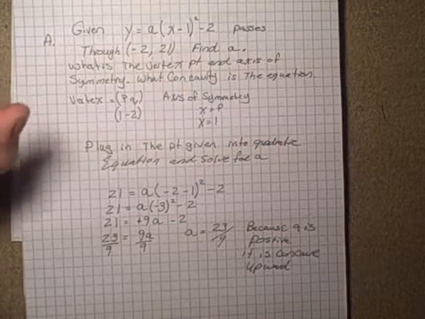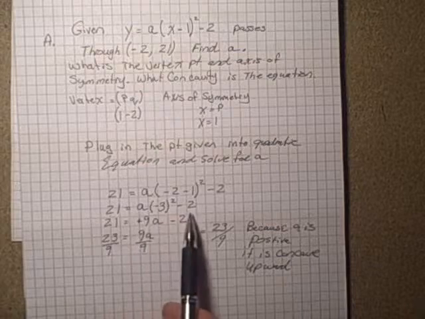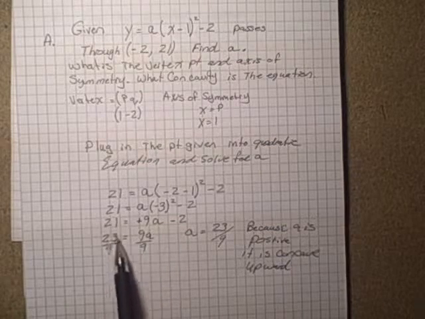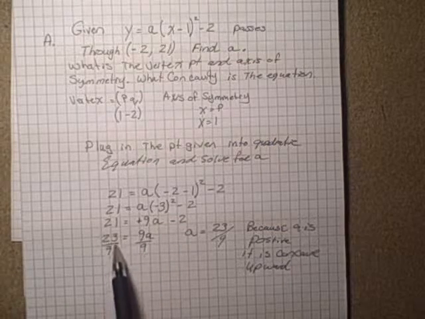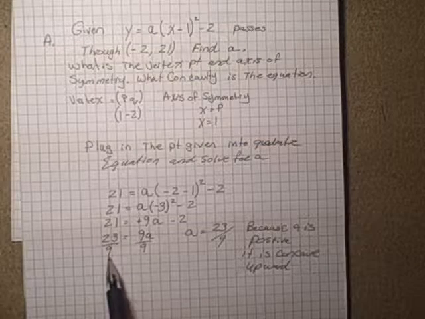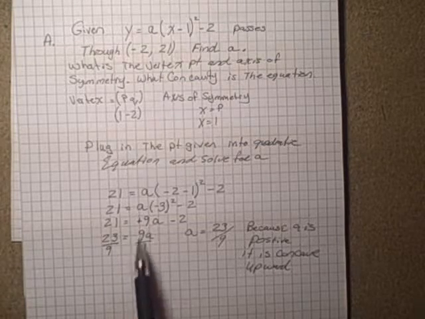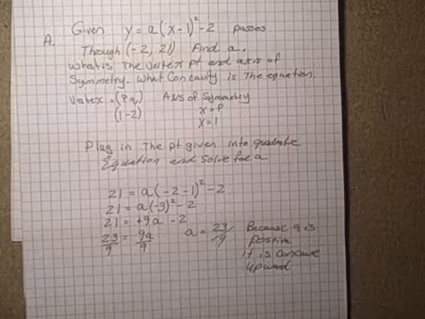That's the case because we had a positive 23 divided by a positive 9.